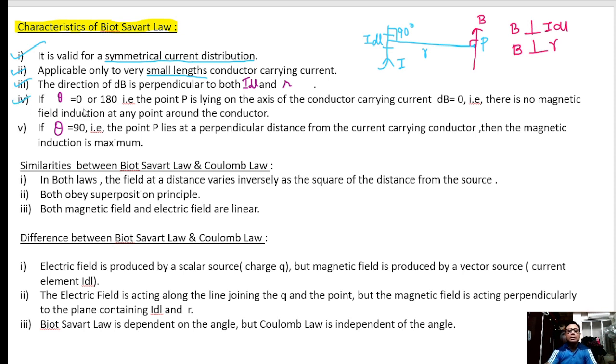If theta is equal to 0 or 180 degrees, that is, the point is lying on the axis of the conductor carrying current, dB is 0. Please remember it.